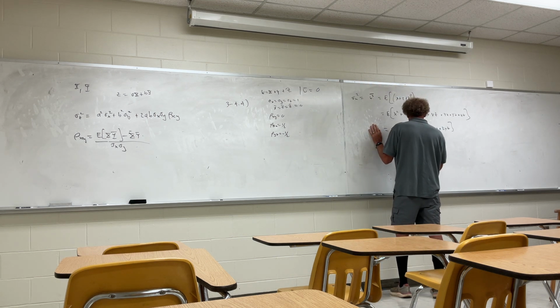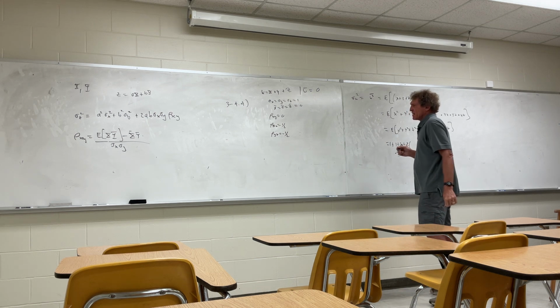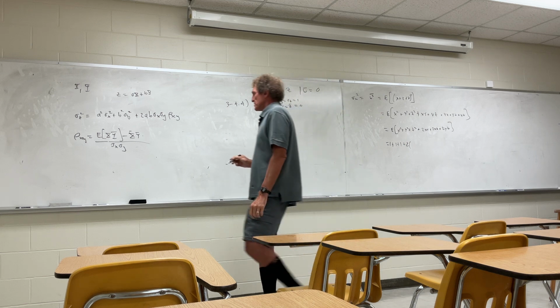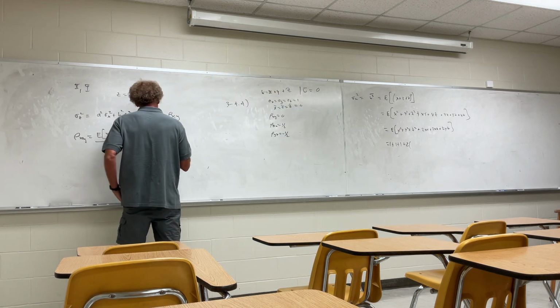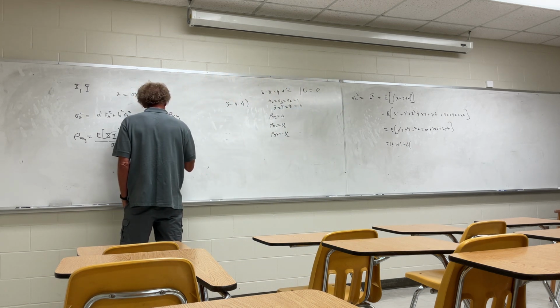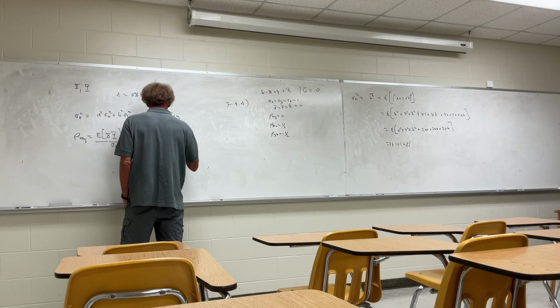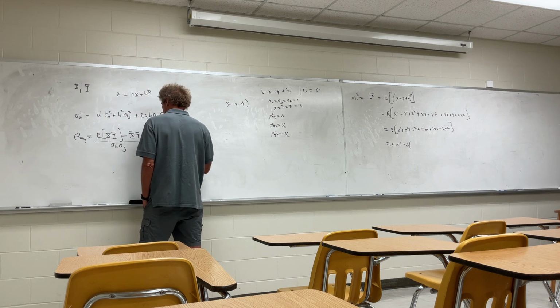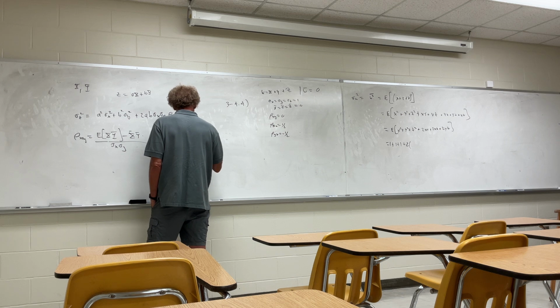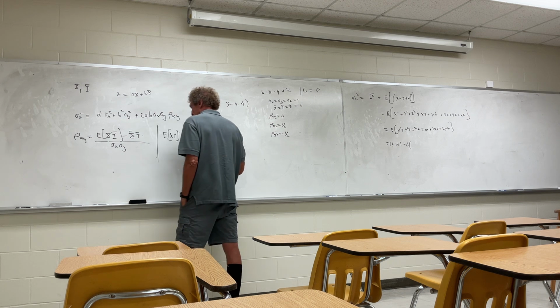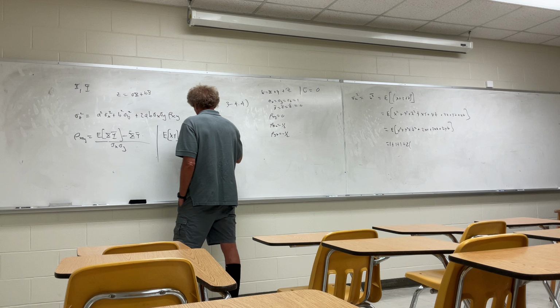This part is going to be 2 times, and if you look at the expected value of XZ right here, maybe I should write it down like this. The expected value of XY is going to be equal to sigma X sigma Y times rho XY, plus X bar times Y bar.